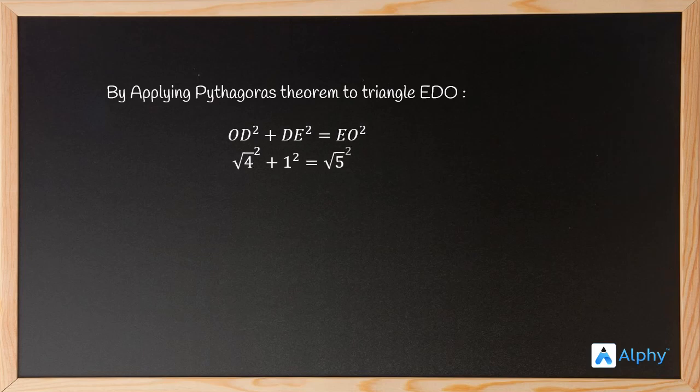In this question, OD was our base, DE was the perpendicular, and EO was the hypotenuse. OD's length was root 4, so root 4 square, plus DE's length was 1, so 1 square, equals 5. Actually the value is 5, but 5 can be written as root 5 square. And this is how you can plot root 5 on the number line.